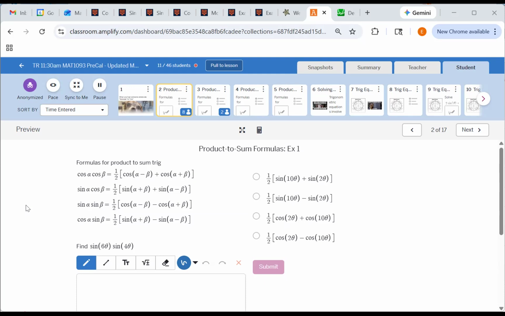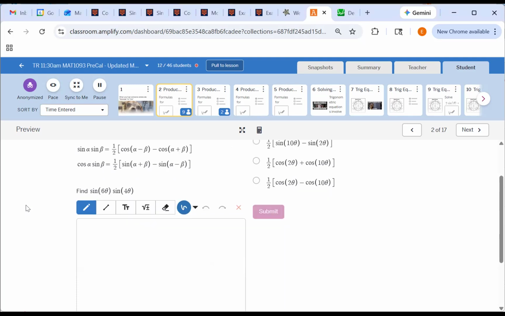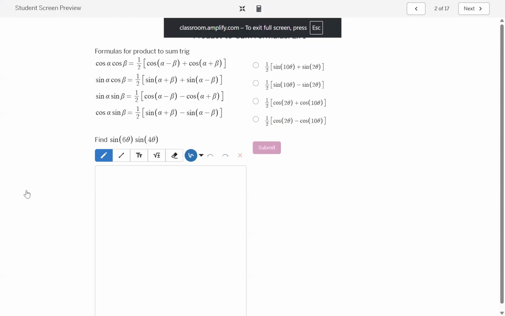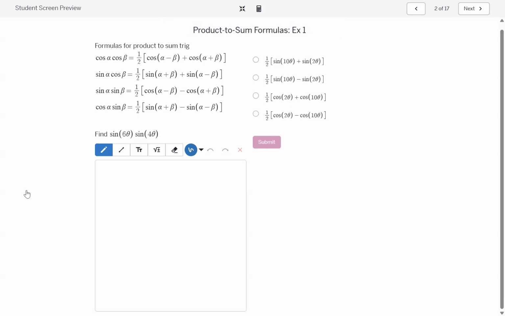So our question here is find sine of 6 theta times sine of 4 theta. Make this big screen. We're going to write down the formula for sine A, sine B, or sine alpha, sine beta, whatever.